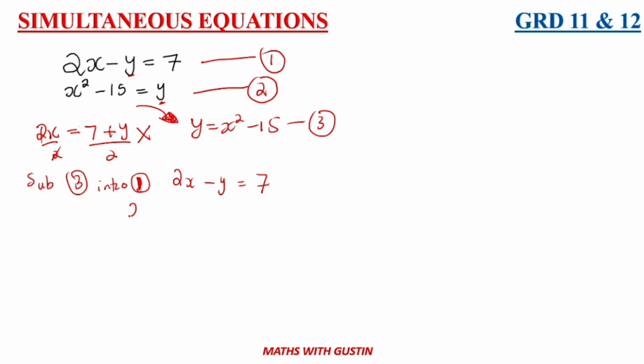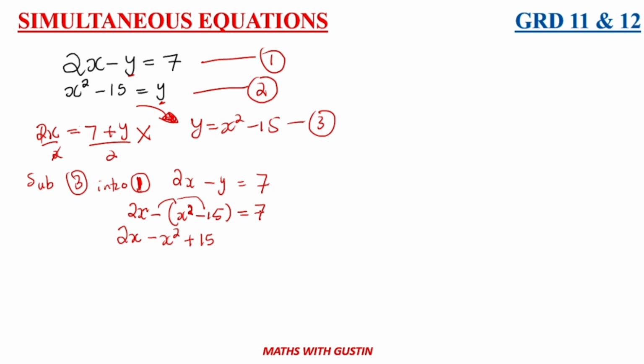So what you're going to have is 2x minus, in brackets, x squared minus 15, is equal to 7. Therefore you're going to have 2x minus x squared. We're multiplying by a negative here, so removing the bracket, negative times negative is going to be positive 15.